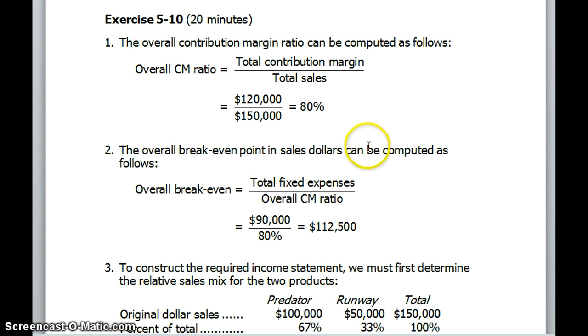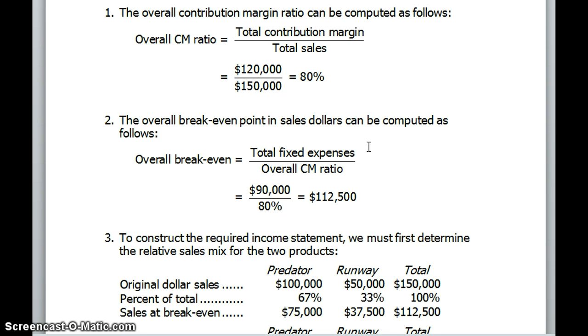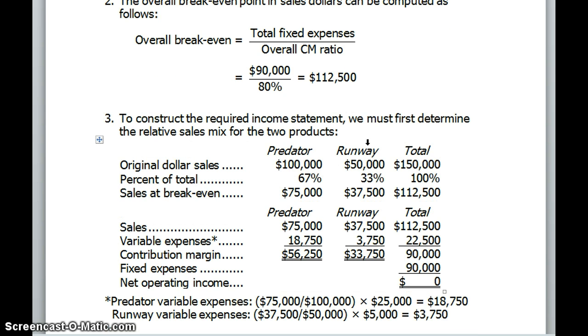Now that break-even point in sales dollars is the only correct break-even point if the sales mix remains the same between the two products that Lucky Products is selling. In other words, if you look at the original dollar sales, Predator had $100,000 of sales, Runway had $50,000, total sales $150,000.